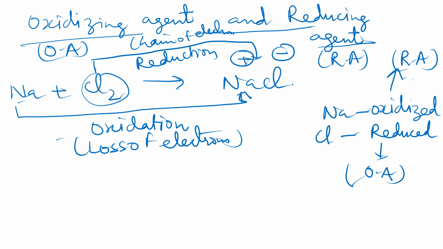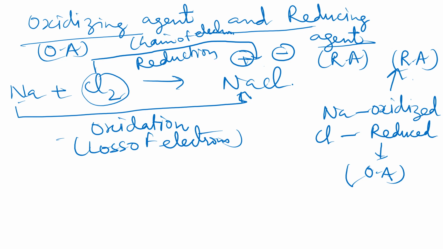Sodium is helping in reduction of chlorine, so it's a reducing agent. Chlorine is helping in oxidation of sodium by gaining electrons, that's why chlorine is your oxidizing agent. That's how we find the oxidizing agent and reducing agent.